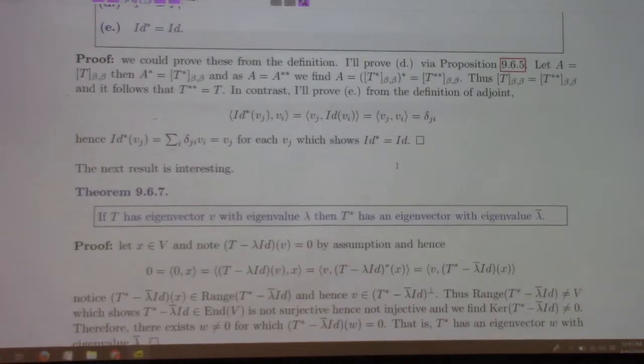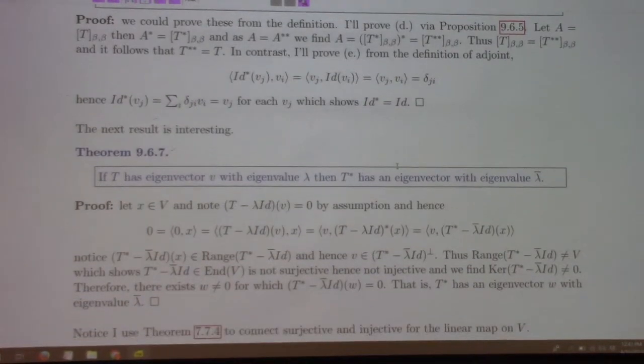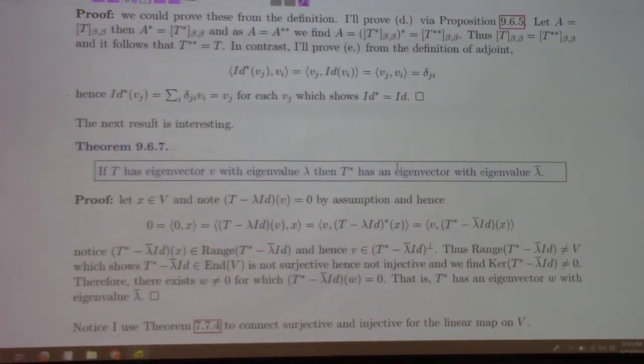Now, that's all just sort of technical preliminaries. The reason this is interesting is because the adjoint has really neat properties with respect to the study of eigenvectors. So here's one. If T has eigenvector v with eigenvalue lambda, then the adjoint has an eigenvector with eigenvalue lambda bar. Now, I didn't say that v was necessarily the eigenvector.